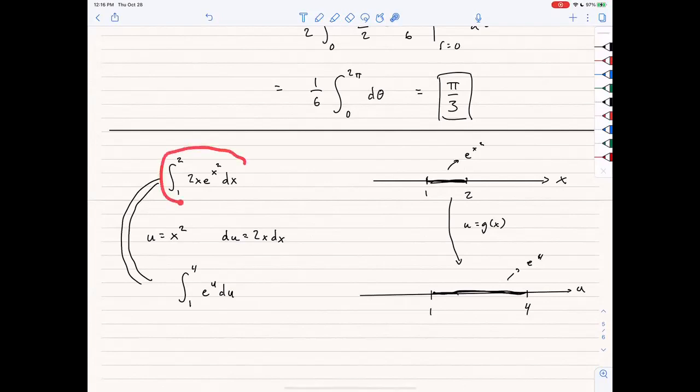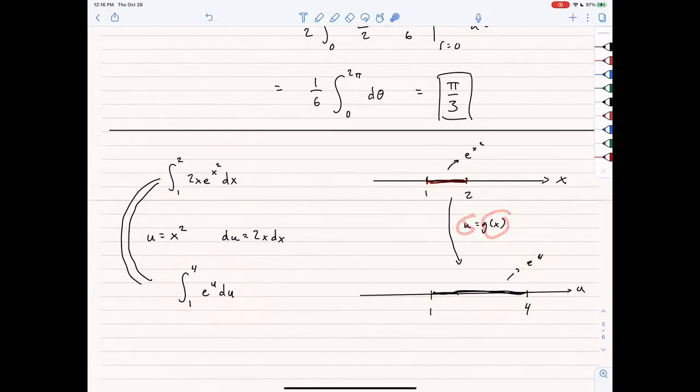When you look at this, you do use substitution to simplify it into an integral like this. But what I'm going to ask you to do is to think about it in the opposite way. Suppose we have an integral like this on the u line, a very simple integral, but now we change our variable from u to x. So now instead of thinking of this integral just being on the line u, we have a function where we write u as a function of x.